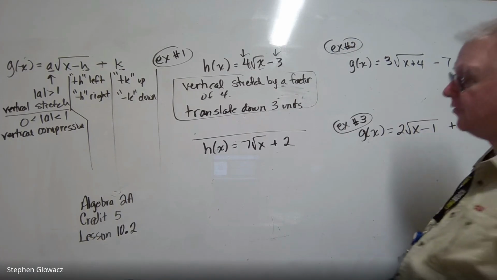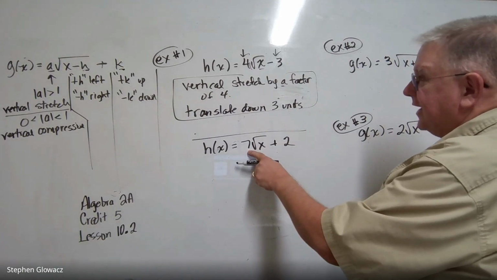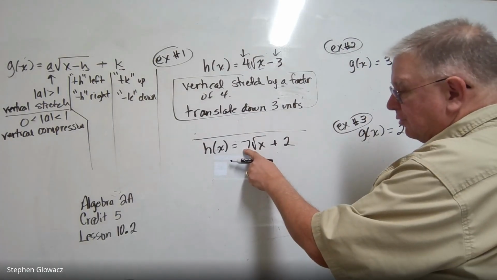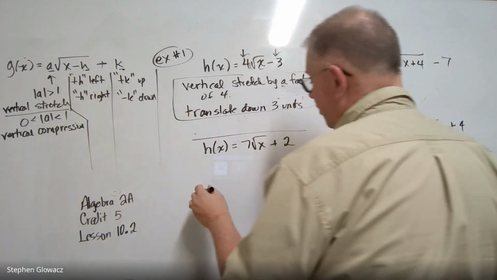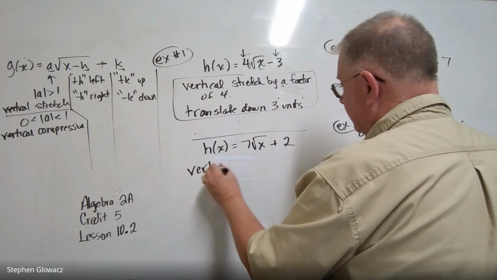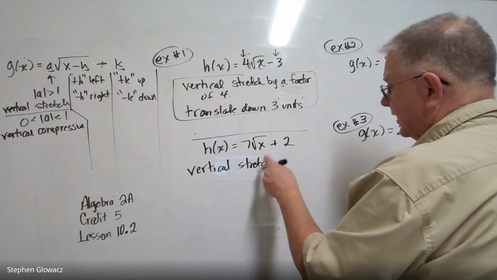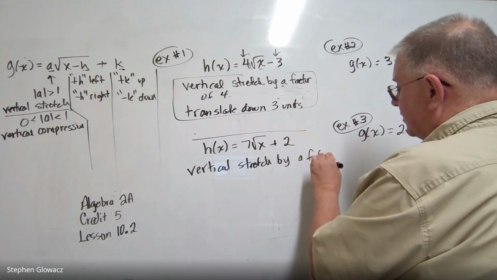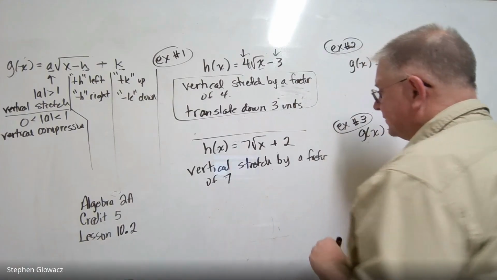Let's take a look at another one. This is still for problem number 1, just to take a look at another situation. Notice the number to the left of the square root is 7. That's in the a position. And so 7 is greater than 1, so that would be a vertical stretch by a factor of 7, because this time it's a 7 there.